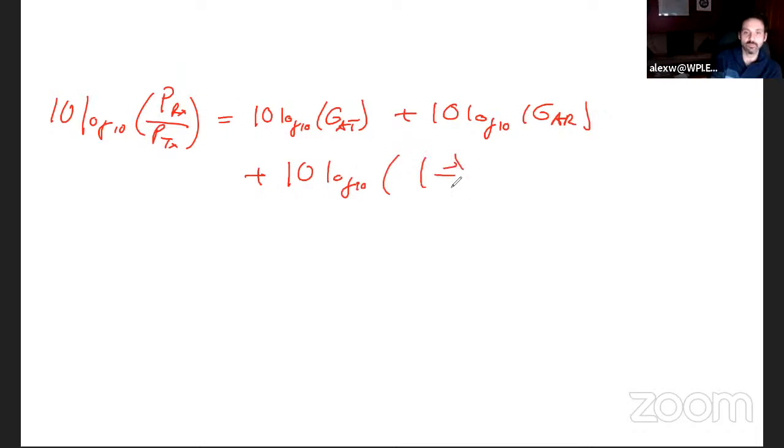It's going to be lambda over 4 pi d, squared, correct? So if we break this thing down on a logarithmic scale, this now becomes 2.